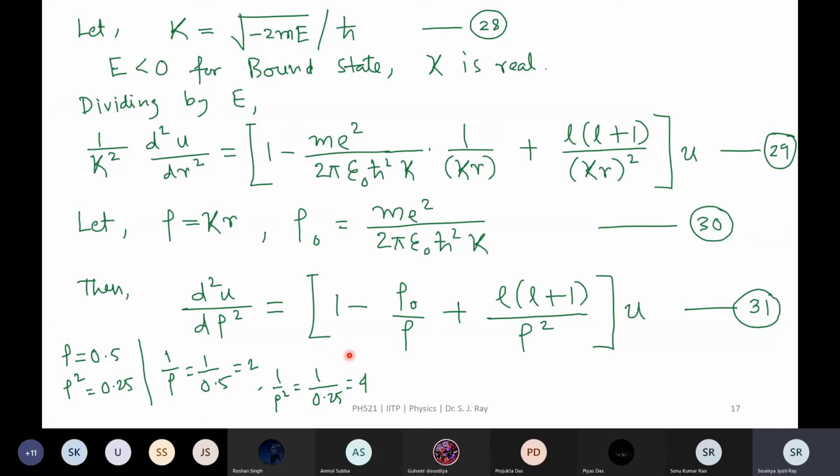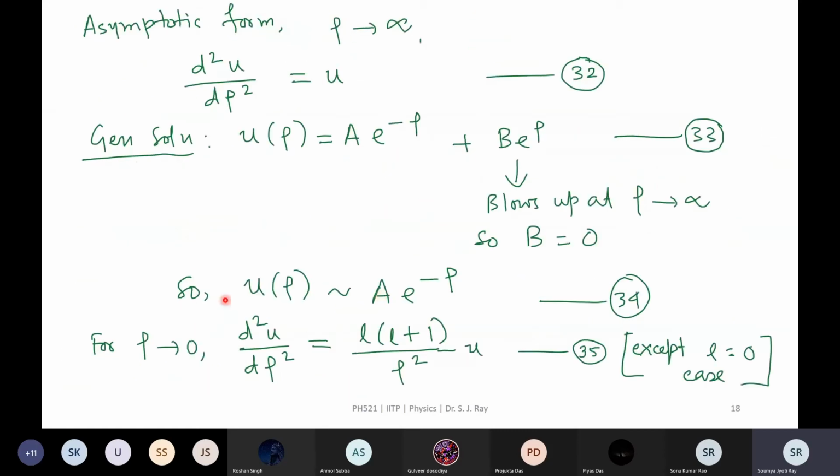But 1/ρ² goes even higher than 1/ρ. Which means that if ρ is very small, then this third term will be more dominant than the other term. So the other terms can be completely ignored in this limit. That is why we have only considered the term L(L+1)/ρ², except of course for the L equal to 0 case, because in this case this will be 0.